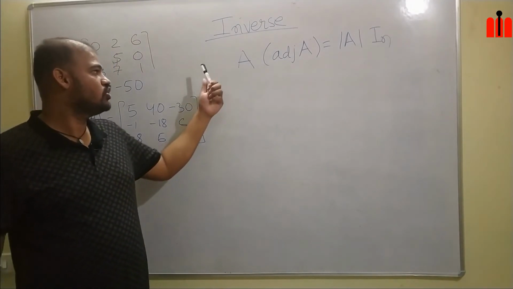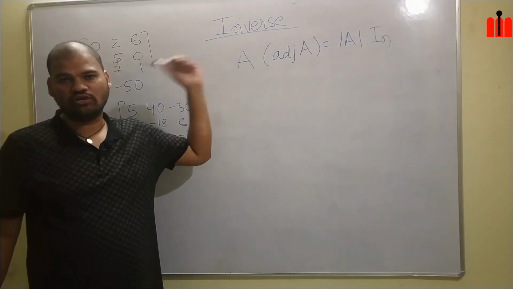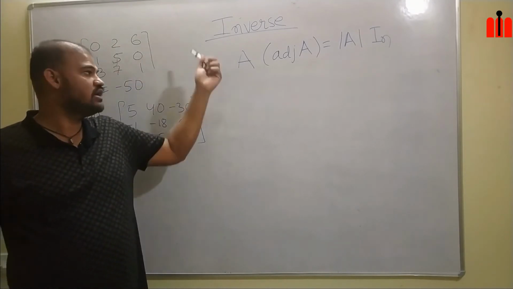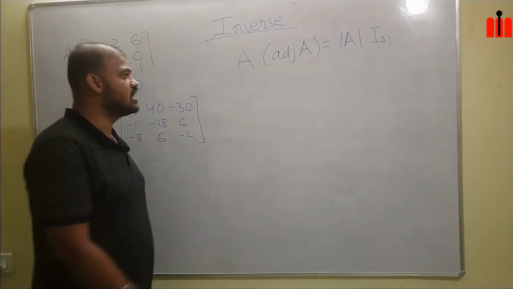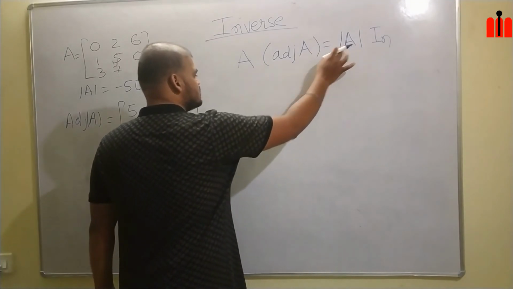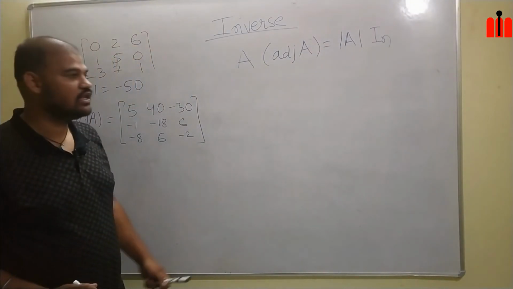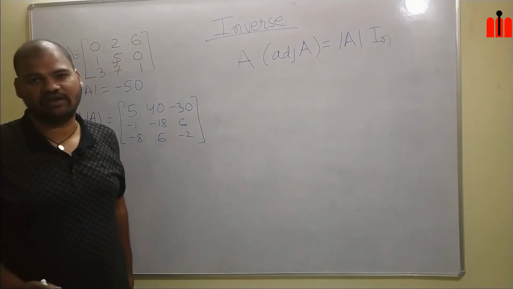So what we do, we will multiply A inverse on both the sides, and this determinant of A we will get into our left hand side.